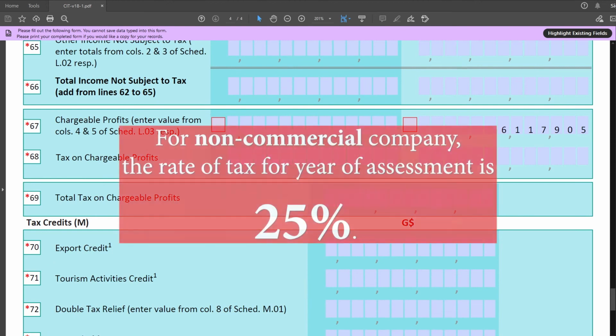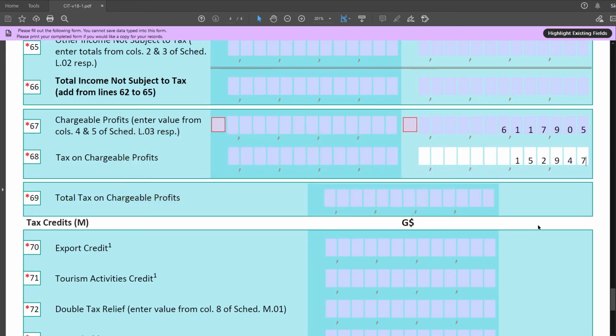Since this is a non-commercial company, the rate of tax for the year of assessment is 25%. When we calculate $6,117,905 by 25%, we get a total of $1,529,476. Enter that figure in line 68 and 69.